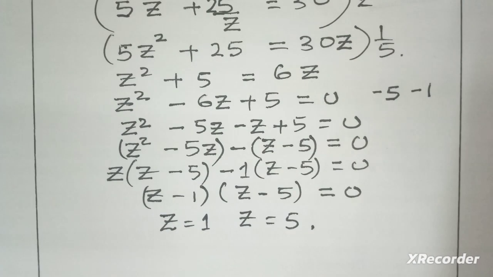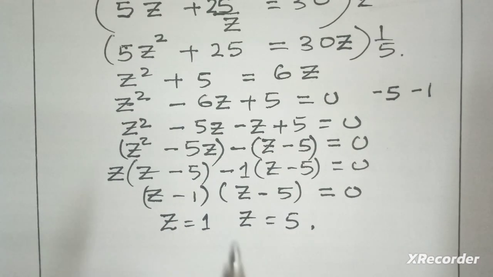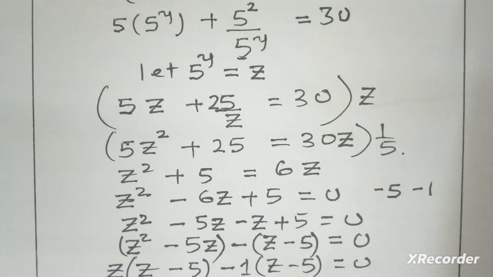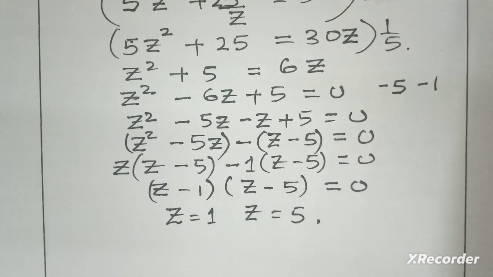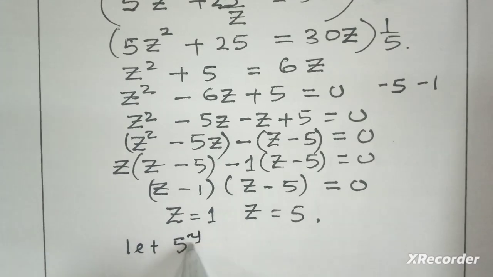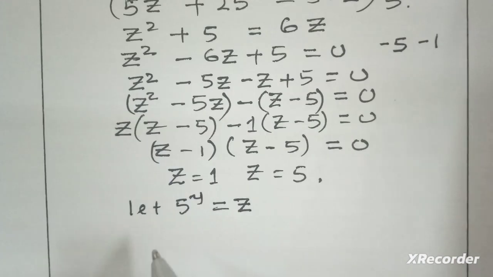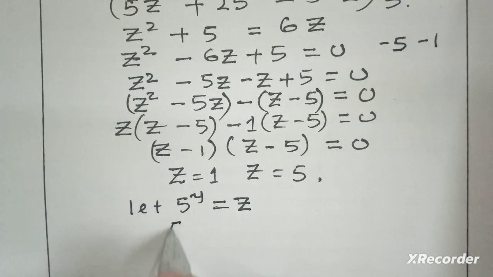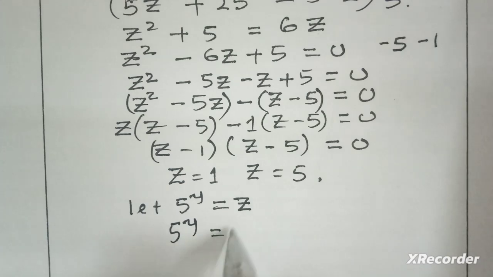And so therefore, we now replace our y. We are replacing first of all our z. We had said let 5 raised to y be equal to z. So let's replace that. We shall have 5 raised to y equals to 1, and so therefore, y is equal to 0, because any number raised to 0 gives us 1.